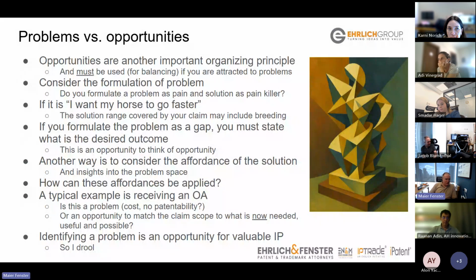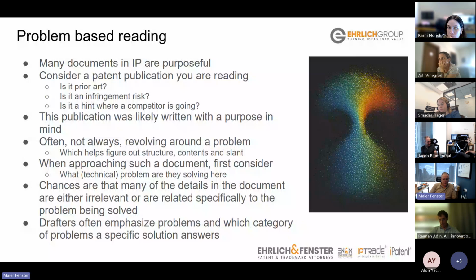Here's another example of a typical attorney task. Reading. Somebody gives you a patent to read. Long, complicated, technical document. But most documents that we deal with are purposeful. Whoever wrote them has a reason. There's also a reason why we're reading.